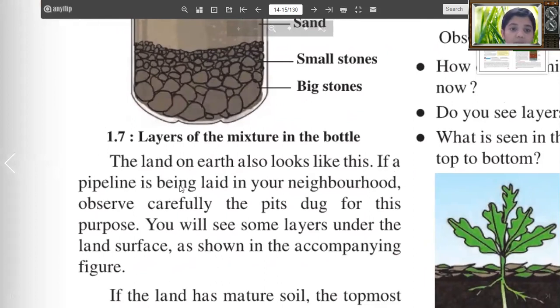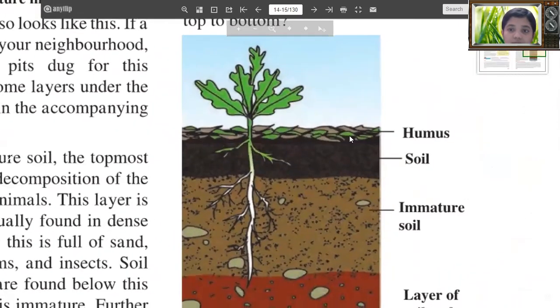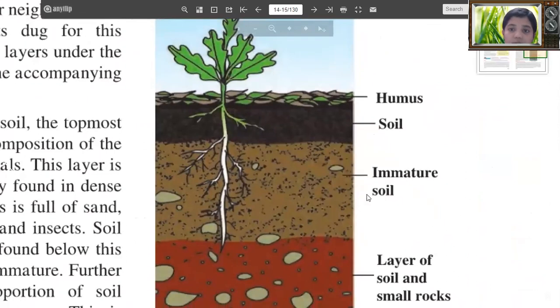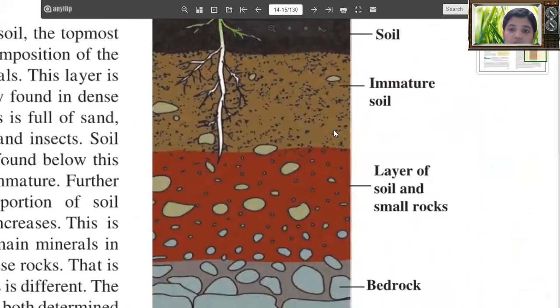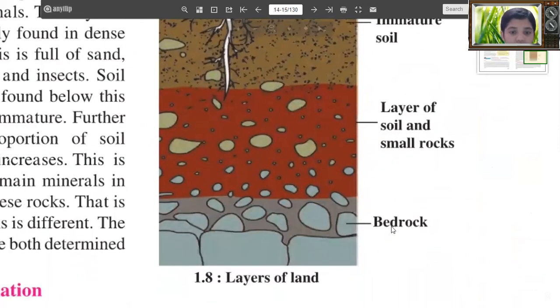If a pipeline is being laid in the neighborhood, observe carefully the pits dug for the purpose. You will see some layers under the land surface as shown in the accompanying figure: humus, soil, immature soil, layers of soil and small rocks, bedrock.